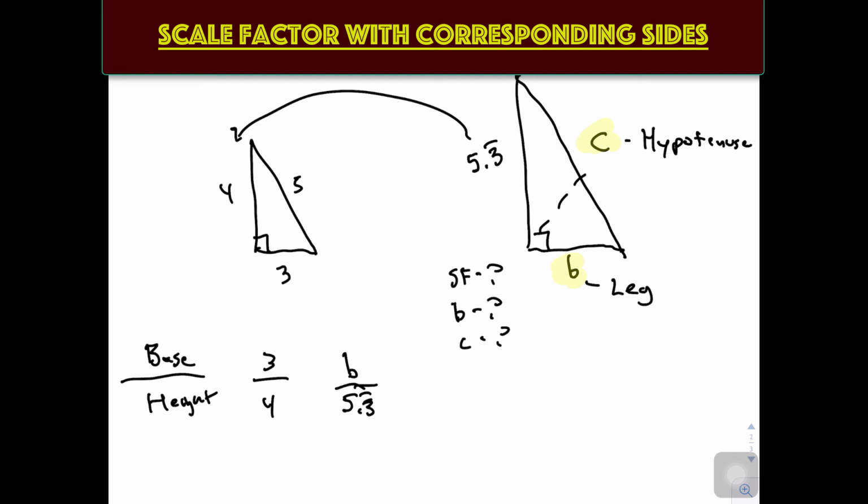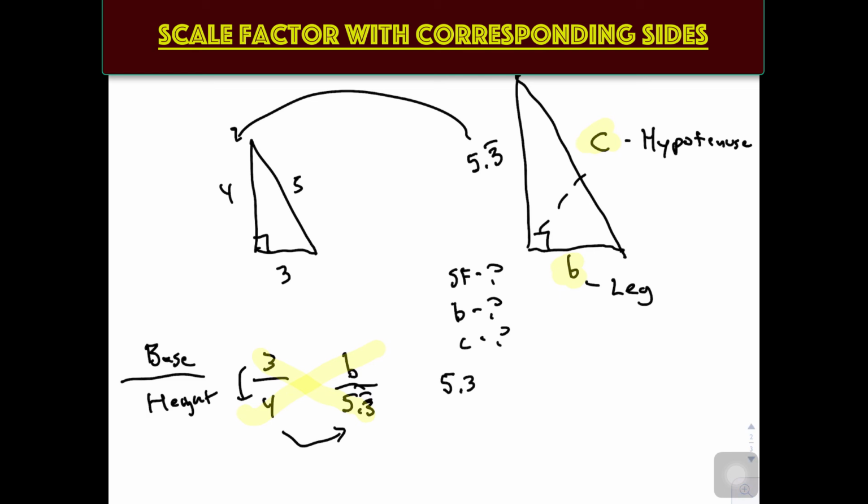So if I look left to right, it's not a super friendly multiplier. Up and down, again, not a super friendly multiplier. These numbers were chosen on purpose because in this case the best way to do this is to cross multiply and divide.